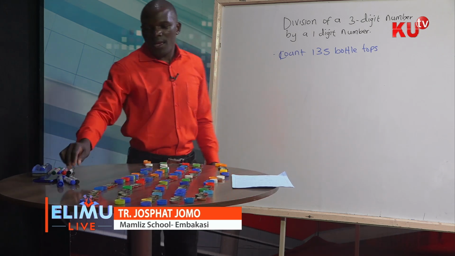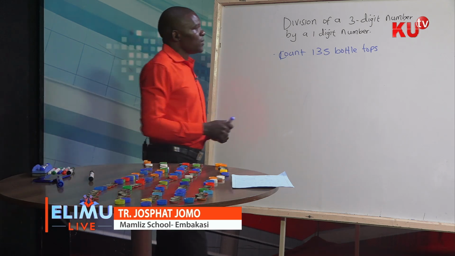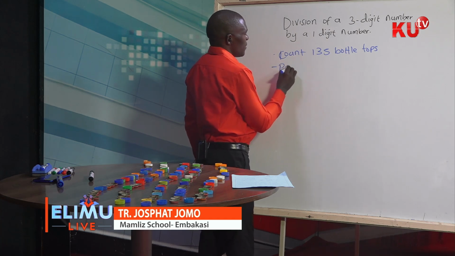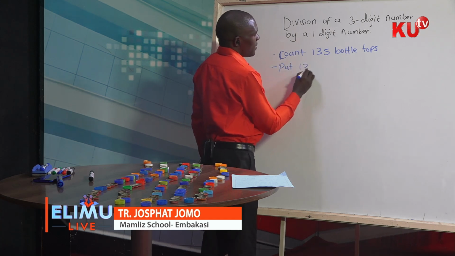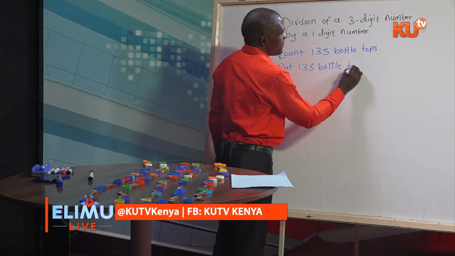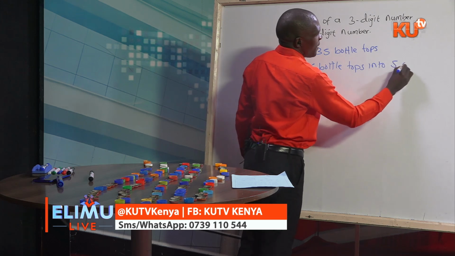Okay, so we are supposed to group them into 5 groups. We put the 135 bottle tops into 5 groups.